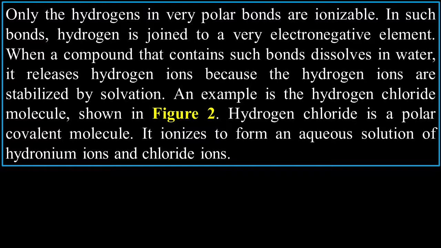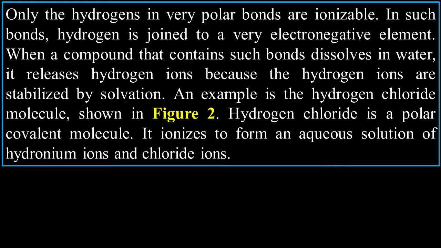Only the hydrogens in very polar bonds are ionizable. In such bonds, hydrogen is joined to a very electronegative element. When a compound that contains such bonds dissolves in water, it releases hydrogen ions because the hydrogen ions are stabilized by solvation.